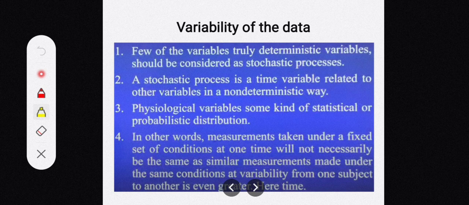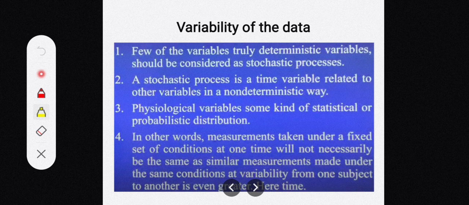What I am trying to say is, if you have measured the physiological variable under a fixed set of conditions at one point of time, the result may not match the measurement of that variable under those similar conditions at another point of time. So what is this? This is variability of data.